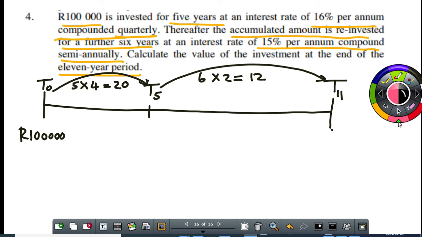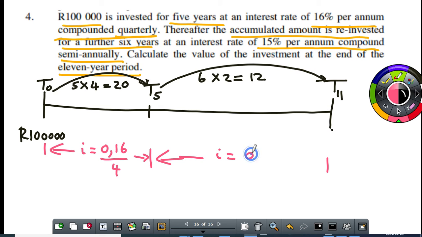Furthermore, I need to take into account my interest rate. So, the first 5 years, my i is going to be equal to, it's 16% compounded quarterly, so I can write this as 0.16 over 4. Then the remainder of the years, i is going to be equal to 15%, which is 0.15 over 2, where the interest is calculated semi-annually.